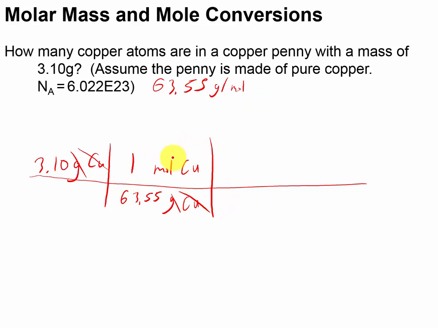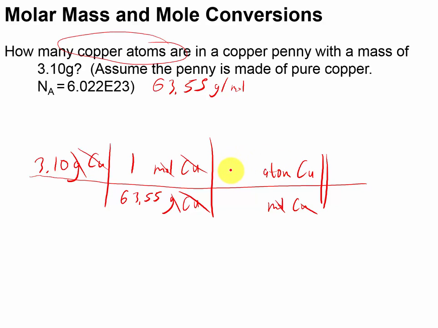Next thing I need to do is get from moles into the final thing that it asked me, which was how many copper atoms. So I need to get rid of moles of copper, get to atoms of copper. And we can see here that when I cross-cancel my moles of copper, I'm now in atoms of copper, which is exactly what I was asked to find. So I can see that this will be the end of the problem.